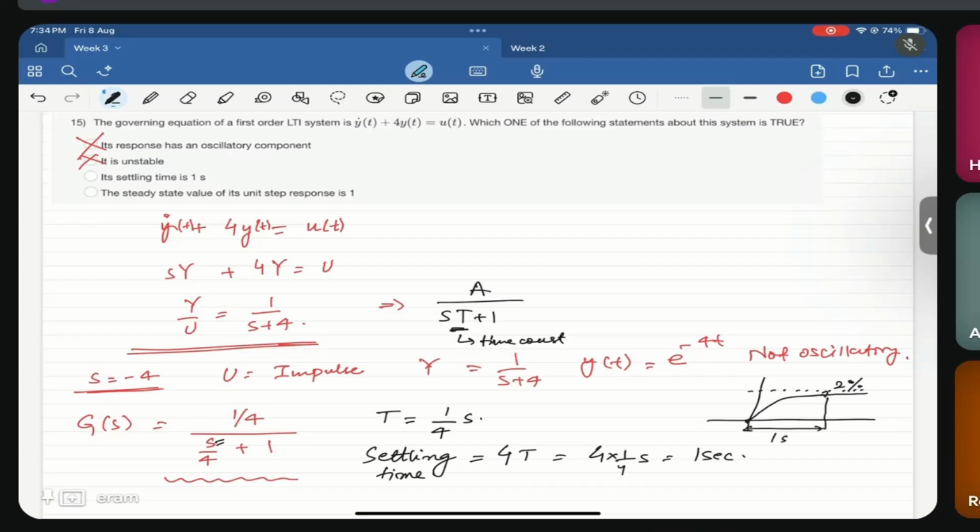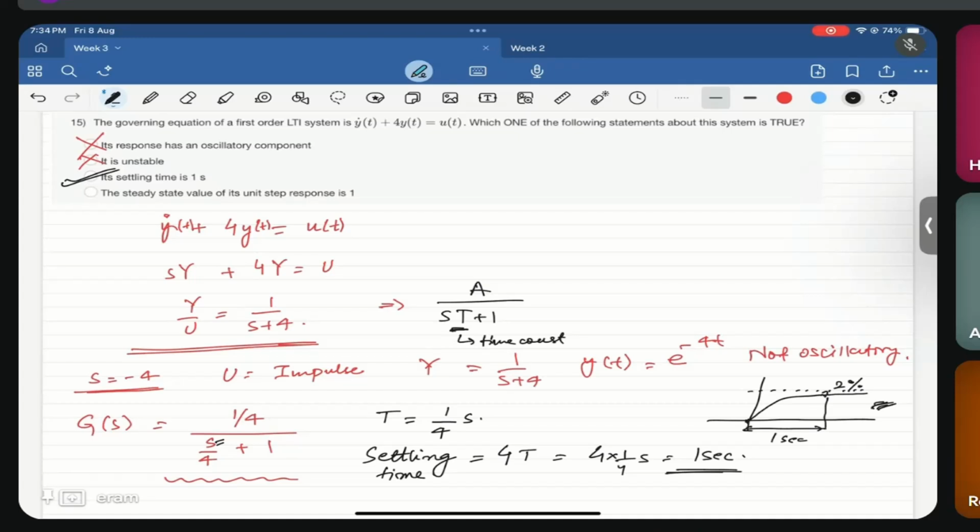It will take 1 second. Again, this may not be the graph of this example. I'm just saying it for understanding purposes. So to settle around 2% of the steady state value, it will take 1 second. So this is the settling time. So far the third option is correct.